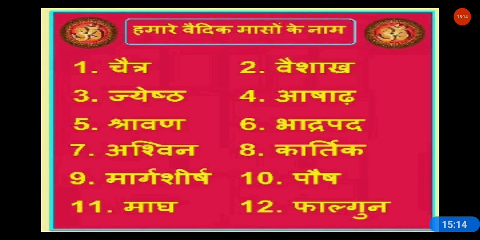First month is Chaitra, second month is Vaishak, third month is Jesht, fourth month is Ashad, fifth month is Shravan, sixth month is Bhadrapad, seventh month is Ashwin, eighth month is Kartik, ninth month is Margshir, tenth month is Paush, eleventh month is Magh, twelfth month is Falgun. So these are the names of the Hindu calendar months, right?